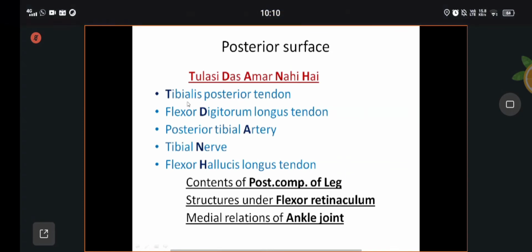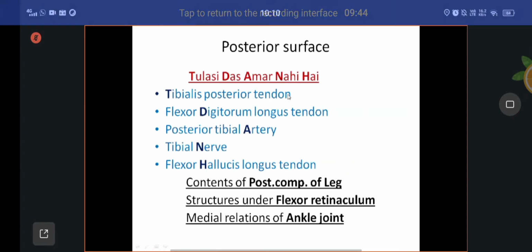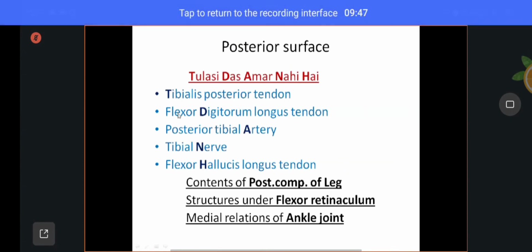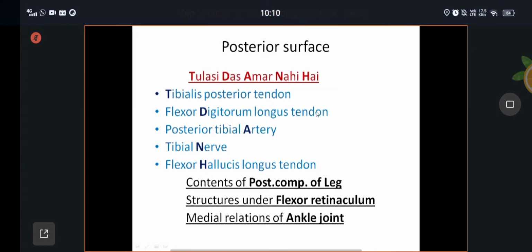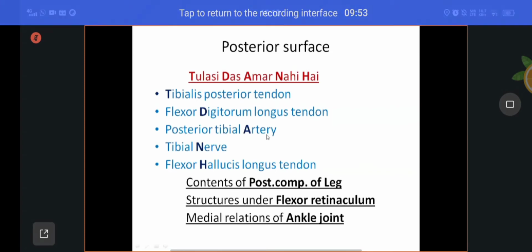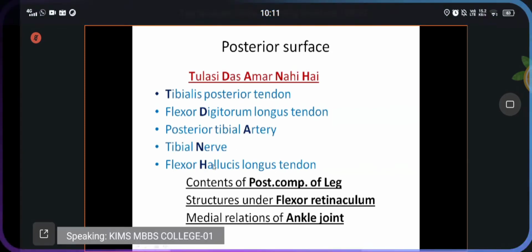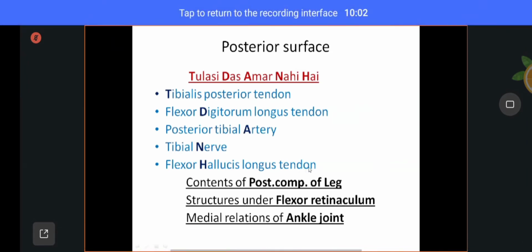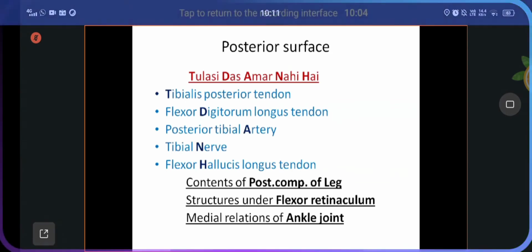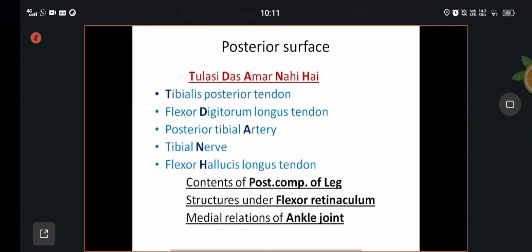The one mnemonic to remember all these things is Tulsidas Amar Nahi Hai. There are 5 structures from medial to lateral. Tibialis posterior tendon, because of the posterior compartment. Posterior compartment is the flexor compartment. Flexor digitorum longus tendon, artery, posterior tibial artery, nerve, tibial nerve. The last muscle, flexor hallucis longus tendon.